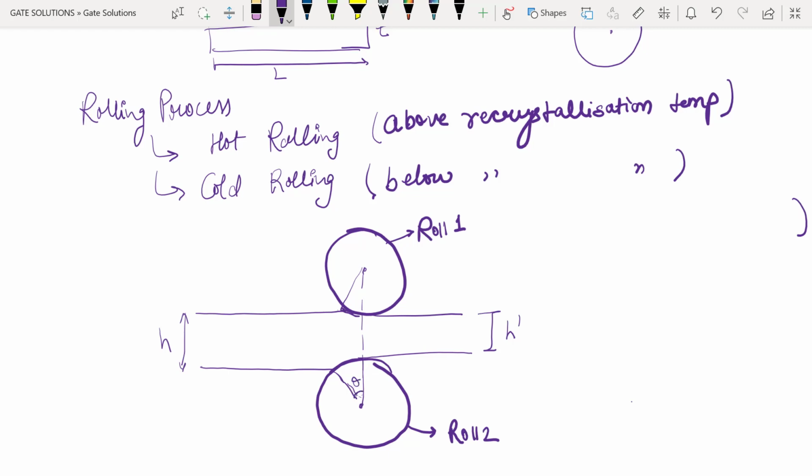Now what happens in rolling, if you look at the microstructure or grain: the original material has a larger grain size, like this. When it passes between these rolls, they apply pressure on the workpiece and the grains get elongated. So in this zone the grains will be elongated.